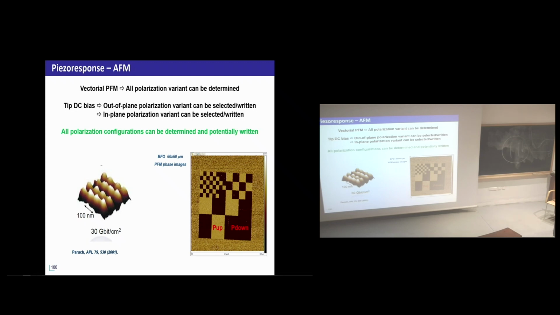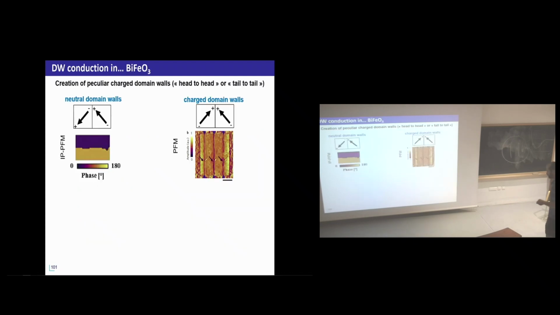So all polarization configurations can be determined and potentially written. And at this stage, I remind you that you are the king of CTF, of scanning resistance AFM, and the king of PFM. So let's try to combine them to study the conduction of domain walls.